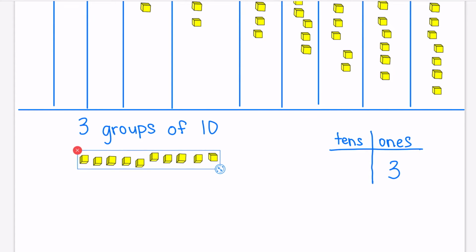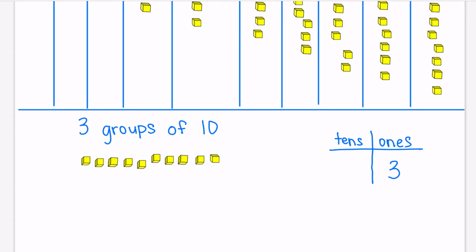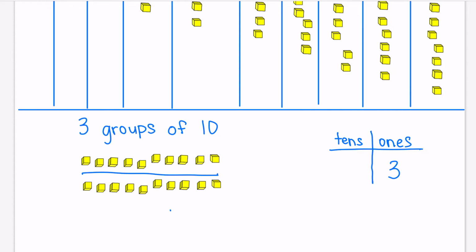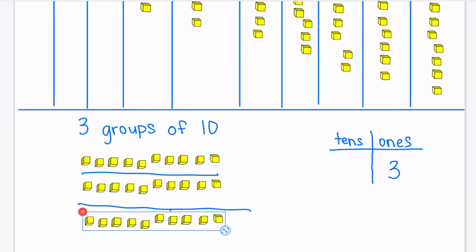Okay, so here's one group of 10. Now we have 2 groups of 10. And lastly, here's our 3rd group of 10.